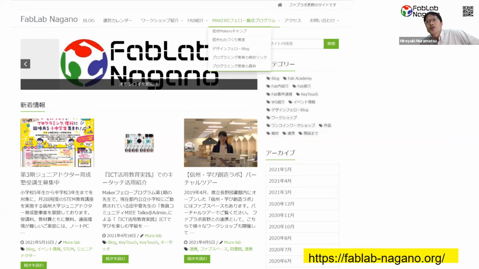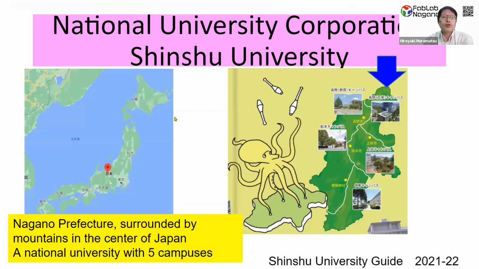I want to translate it into English, and I want to introduce our lab to Bhutan. Next, our university is Shinshu University, located in Nagano Prefecture in the central area of Japan. It is a national university with 5 campuses spread over Nagano Prefecture. We call it the Octopus Campus because its locations look like an octopus's feet.